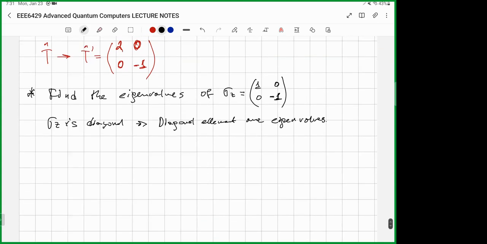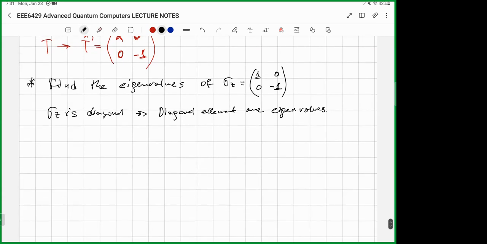In fact, this matrix has very important eigenvectors, and we will discuss this next time. These eigenvectors are basically the representation of a qubit in quantum physics. But let's prove that for this diagonal matrix its elements are already eigenvalues. To do so, we write the equation for the eigenvalues and eigenvectors.